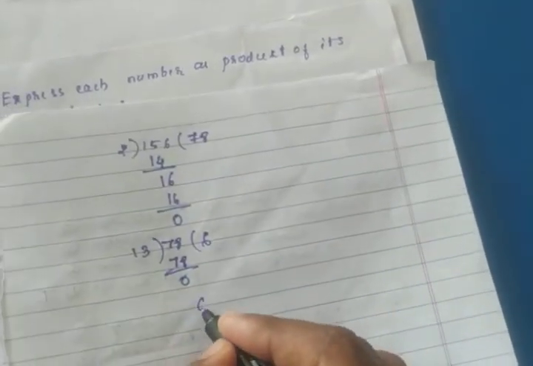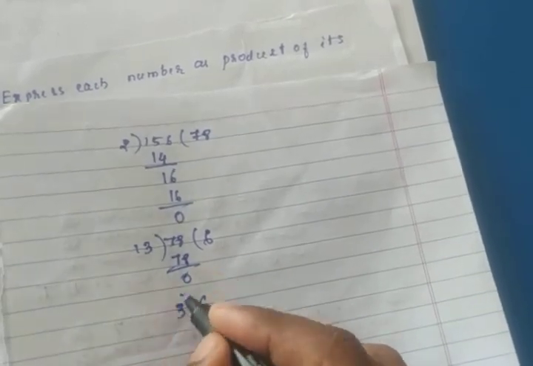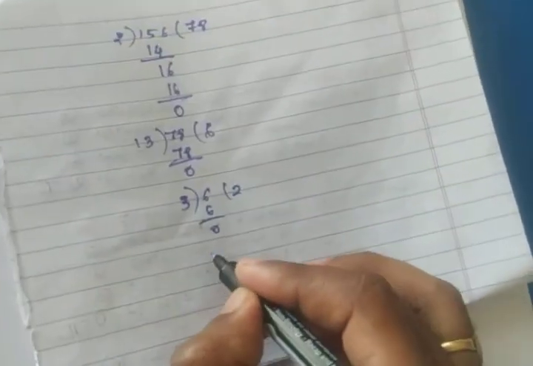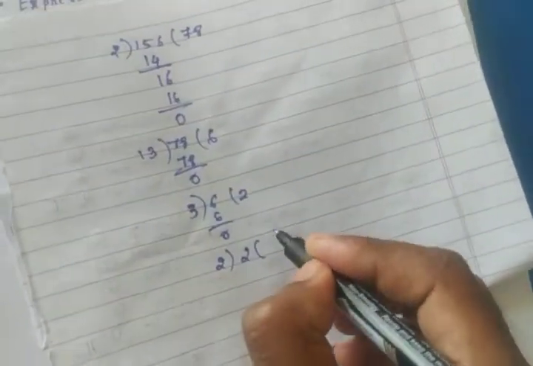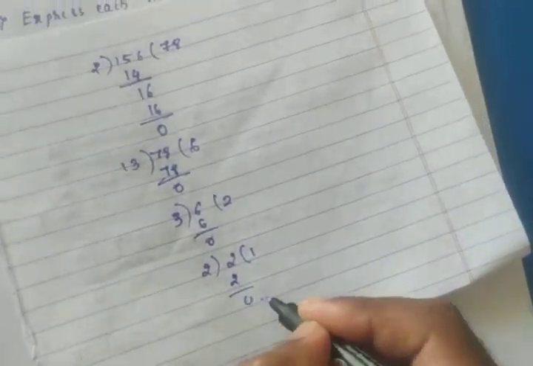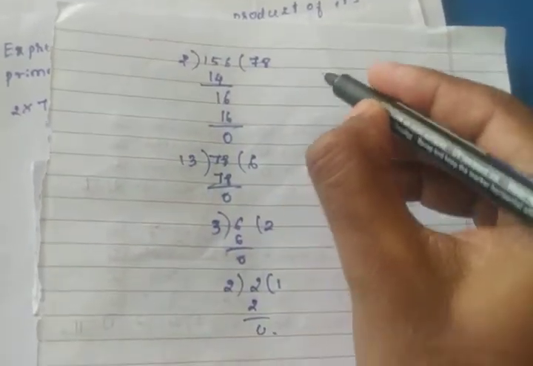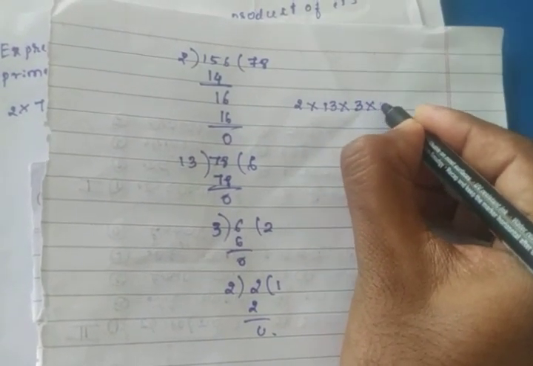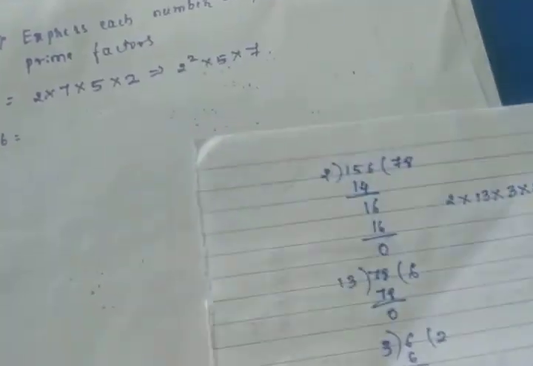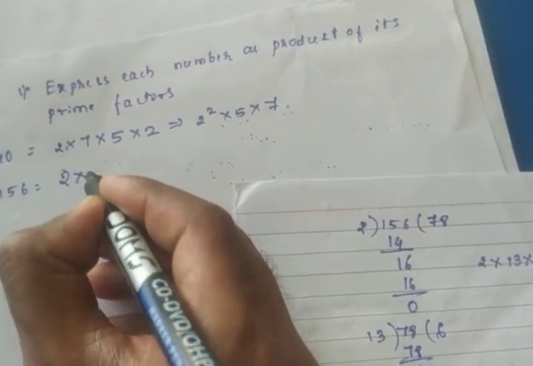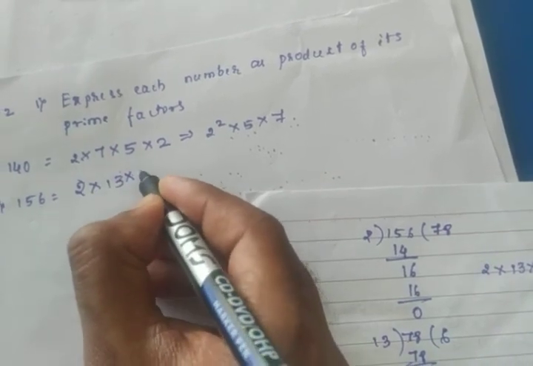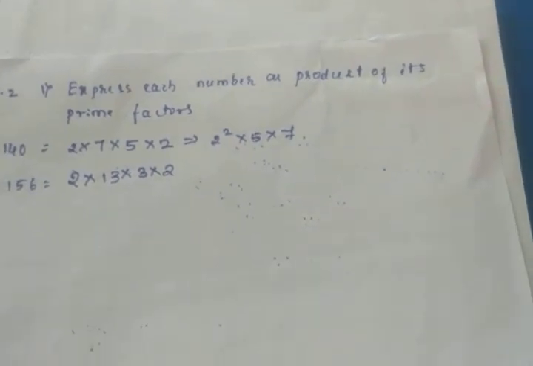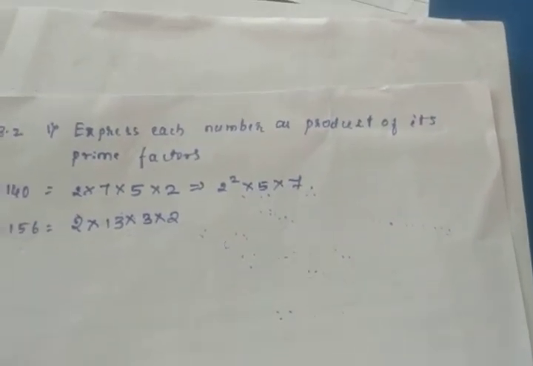Again the quotient 6 is divisible by 3, taking only prime numbers. 3 twos are 6, the quotient is 2, and 2 is divisible by 2. So the product of its prime factors is 2 into 13 into 3 into 2. This is the product of prime factors for the number 156.